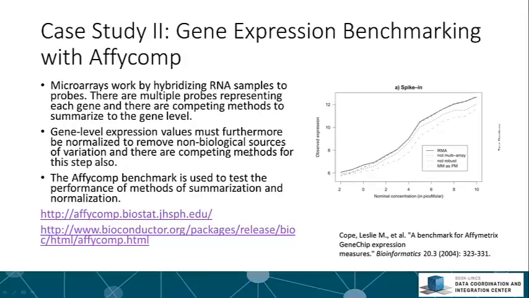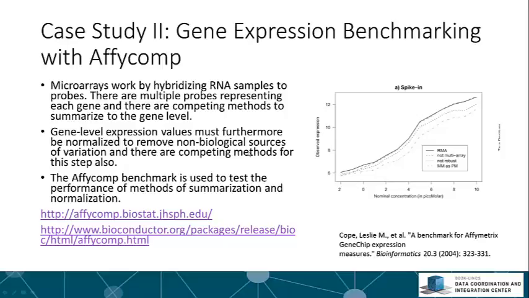The second example we'll look at is in the context of the analysis of Affymetrix microarray data. The microarrays work by hybridizing RNA to a chip which contains an array of probes, and there are multiple probes that correspond to each individual gene.